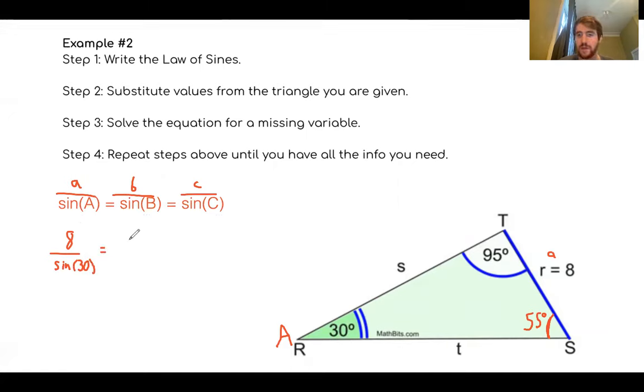That's going to equal B. Let's have B, I don't know, BS, which means big S is big B. So we'll have B divided by sine of 55. And that leaves C to be T. This is big C, little c, C divided by sine of 95.